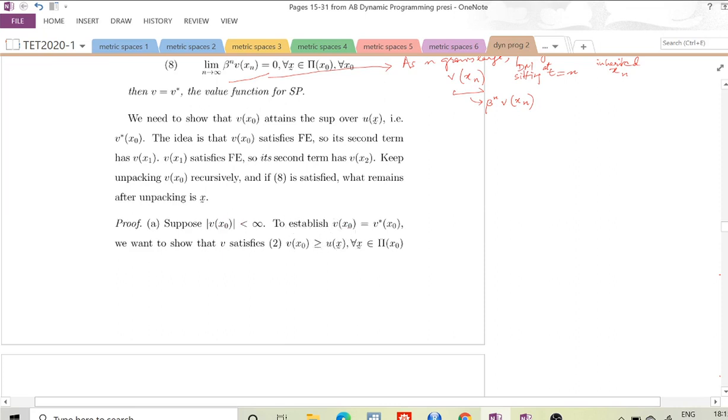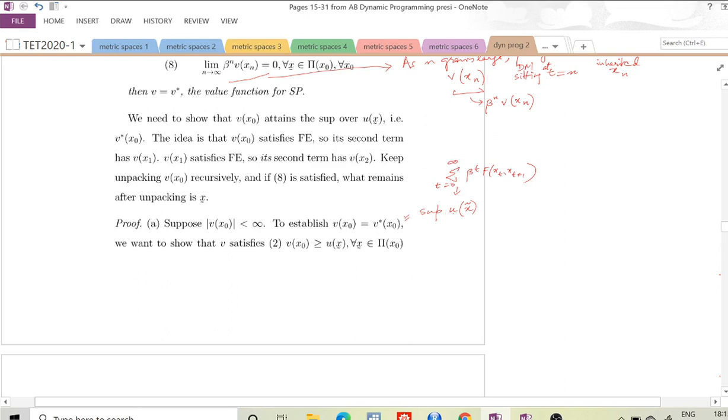We want to establish that V of x naught is equal to V star of x naught, where V star of x naught, remember, is the sup over all these infinite series that look like that. Yeah, so this is notation for that, or both are sort of interpreted as limits of partial sums.